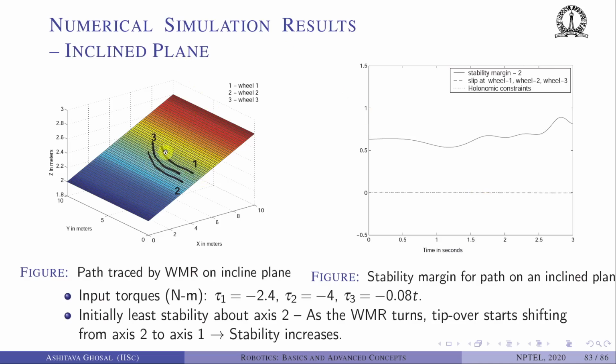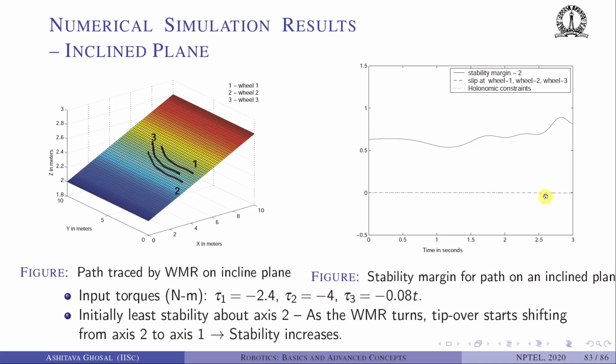Again, I can plot what the first wheel is doing, the second wheel is doing, and the third wheel is doing. What we can see here is the stability margin to slip at wheel 1, which is this dashed lines 1, 2 and 3, and this is the holonomic constraint. All of them are very close to 0.